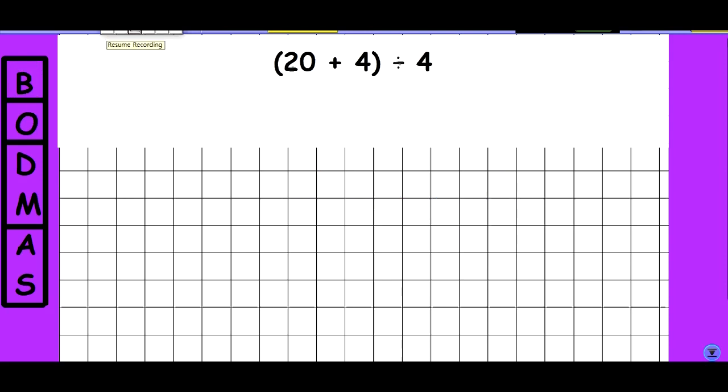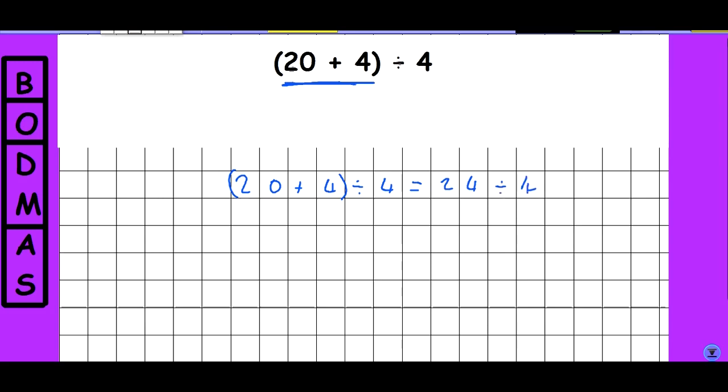Similar problem then. We see here that we have 20 plus 4 in brackets, and we're then dividing that by 4. Well, we know already the first thing we do is anything in brackets. So 20 plus 4 is really 24, and I'm dividing that by 4.